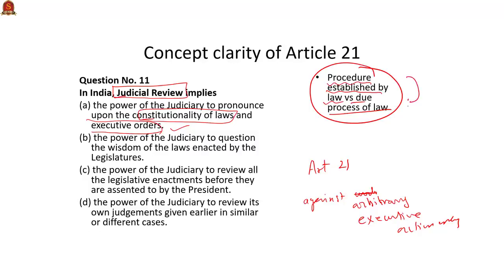But as we know, they have changed it to due process of law. Now the meaning of Article 21 is due process of law. So now it is not only against arbitrary executive action, but also against arbitrary legislative action. So now constitutionality of laws under Article 21 as well as executive orders, both is correct.